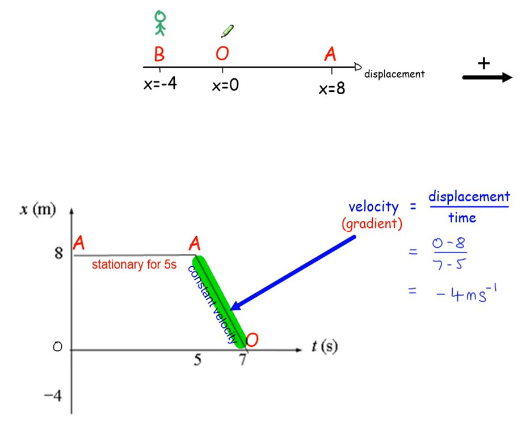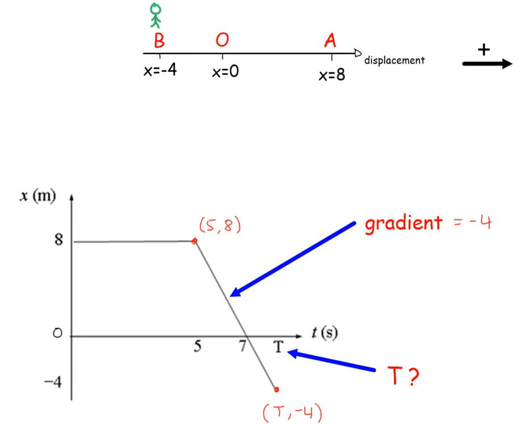The person continues to move from O to B with the same constant velocity. At B, the displacement is now -4 meters. So the gradient remains the same because the velocity from A to O, O to B does not change.